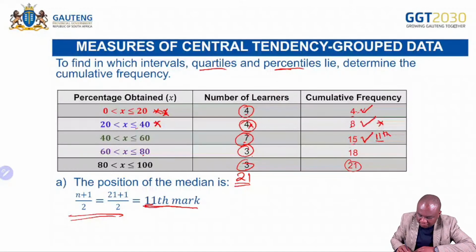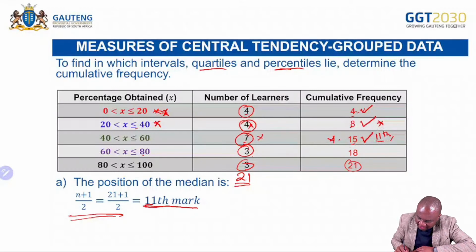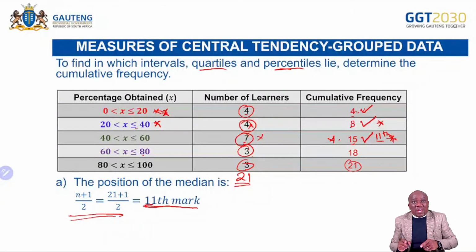But here up to the 15th mark, it means in this class interval we have the 9th, 10th, 11th, from 11 go 12, 13, 14, 15, which is the 7 of them. You see the frequency 7. So the 11th mark is here, and that's where the median is.